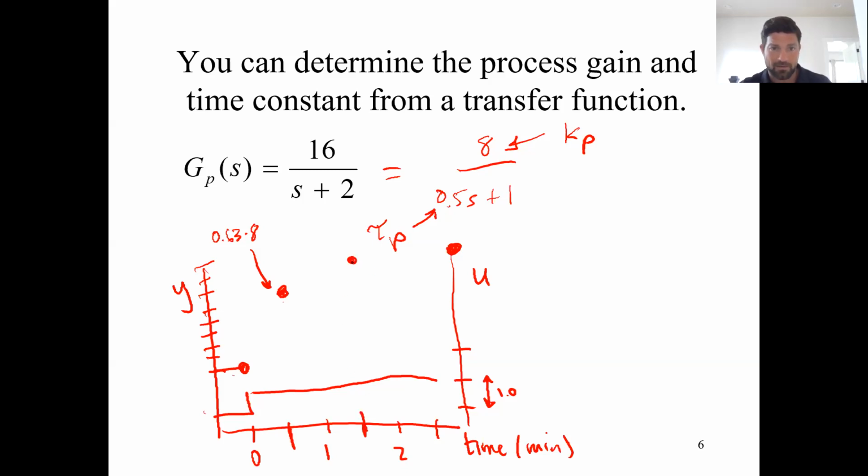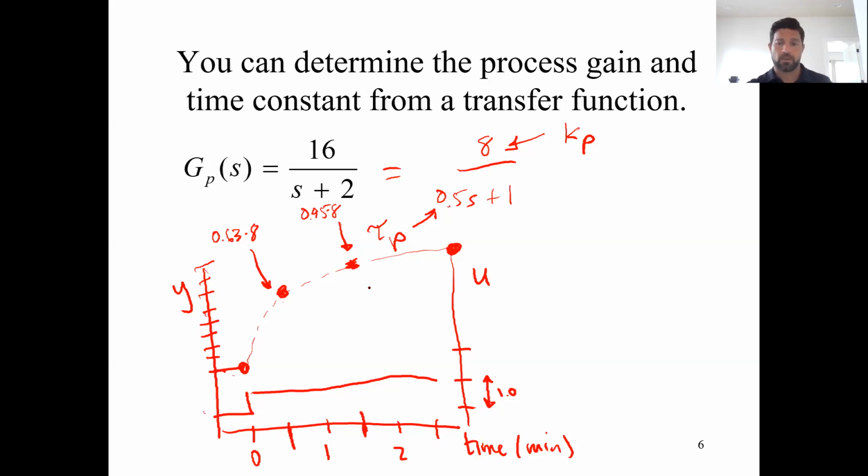At 3 tau, we'll have another point, and this other point is going to be 0.95 times 8. Then we can sketch our process response. It's going to look something like that. So this tells us that if we have a first order process, it's going to look something like this. Not necessarily a lot to that.